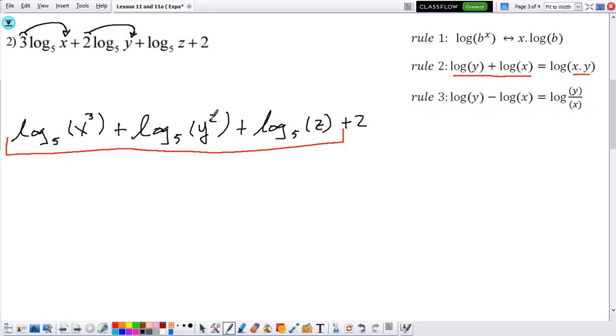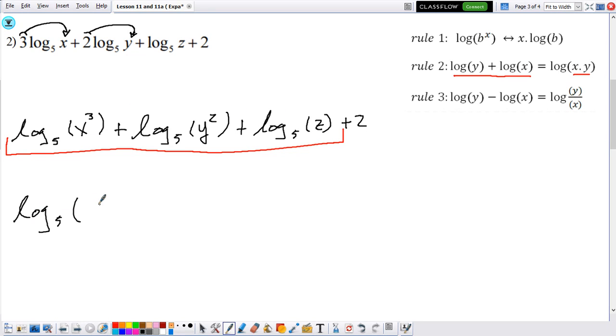So back to the logarithms here. I see that they're adding. The rule says that I need to multiply the insides. So it just becomes one big log, where inside it's what we had inside the previous logarithms.